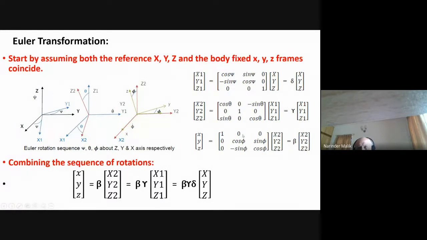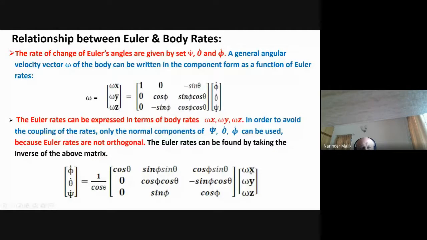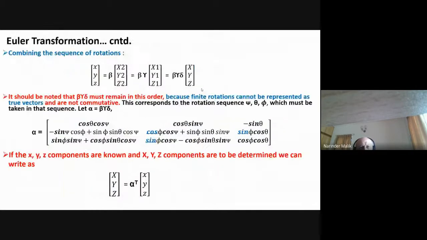Then the last is phi dot. Phi dot will come here, and whatever theta dot, psi dot you have got from substitution will come here. That is what will give you the Euler rate, this is omega x, omega y, omega z. It will be written like this. You can simplify it, but the basic methodology which I told you was that way.